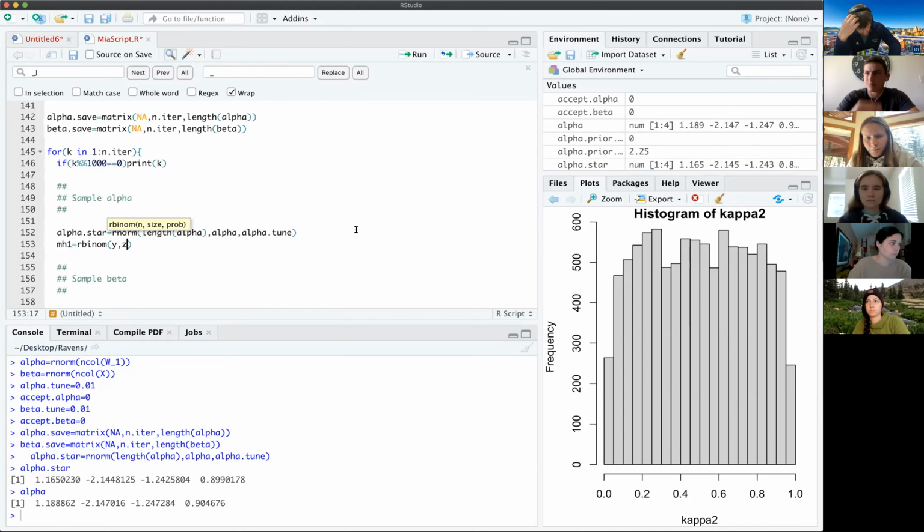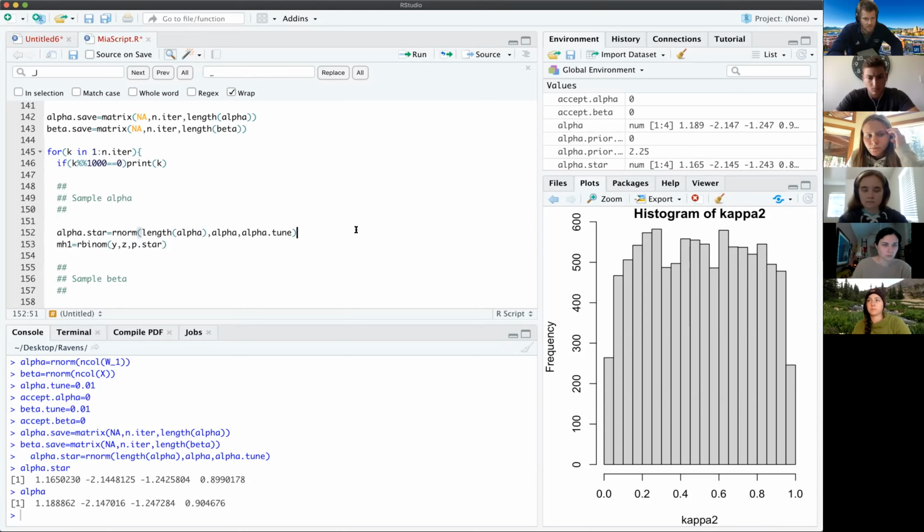Let me go back to our full conditionals. We need a couple things here. The probability is going to be P dot star. We're missing that.